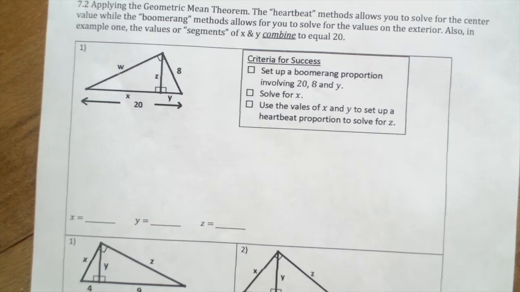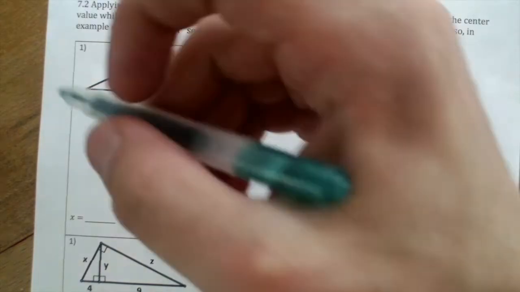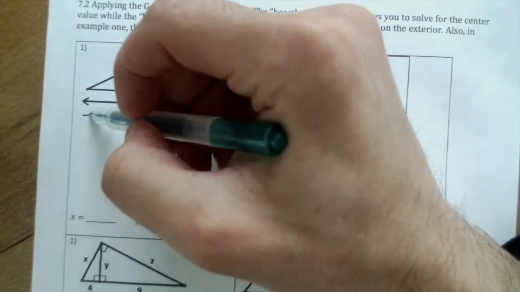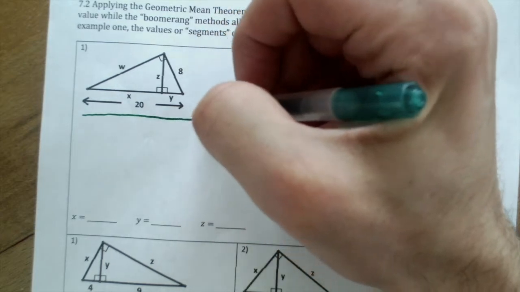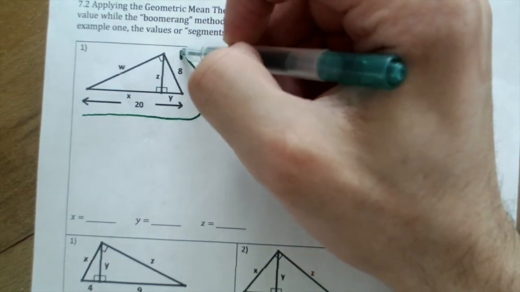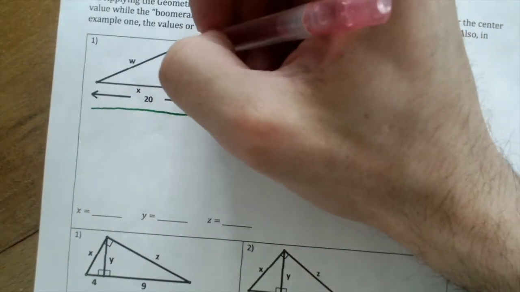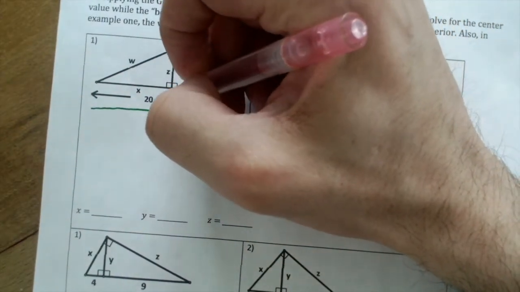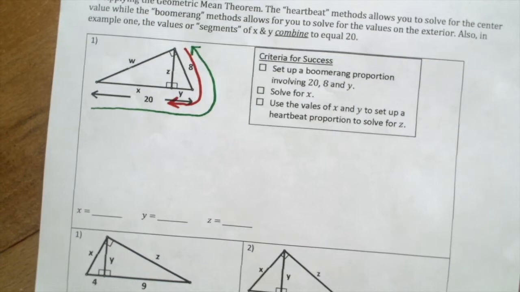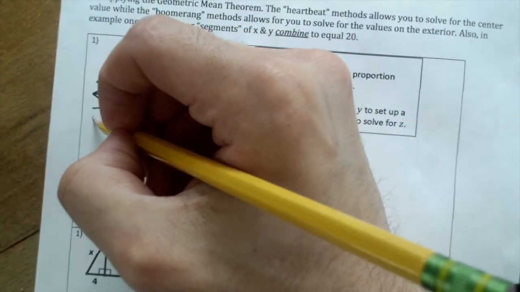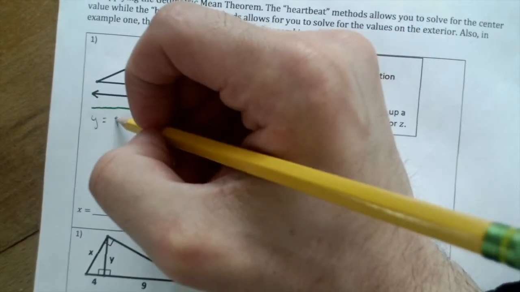The way that I wrote this out myself is using my little markers here. I did 20 over 8 and I came back around and did 8 over y. So to solve for y, I'm going to use the boomerang method.